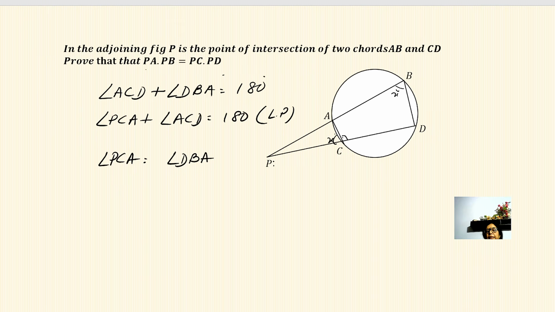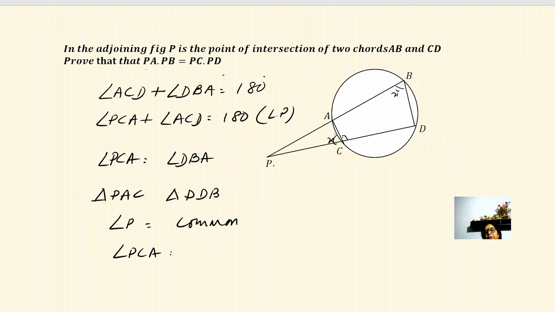Now let us consider the triangles PAC and PDB. In these two triangles, angle P is the common angle. And we have proved that angle PCA is equal to angle PBD.